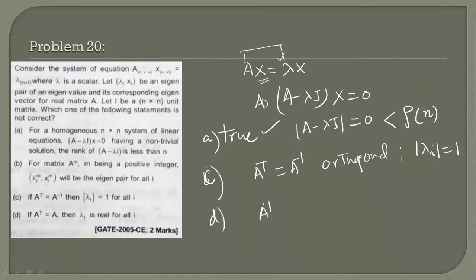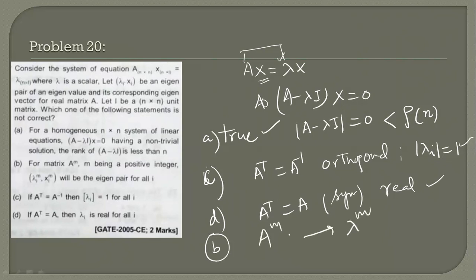And in option D, it is A transpose equal to A. It's a symmetric matrix. The eigenvalues are real. You can see my lecture 11 where I discussed this also. So A, C, D are correct. Now see B. A to the power m has eigenvalue lambda to the power m.